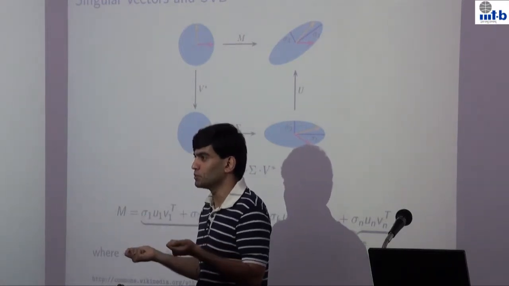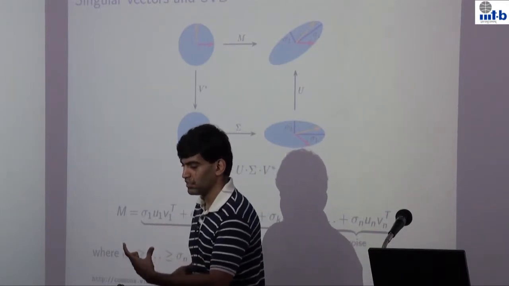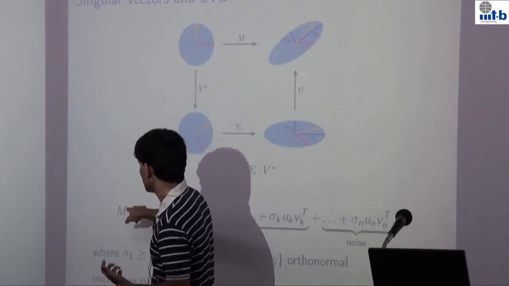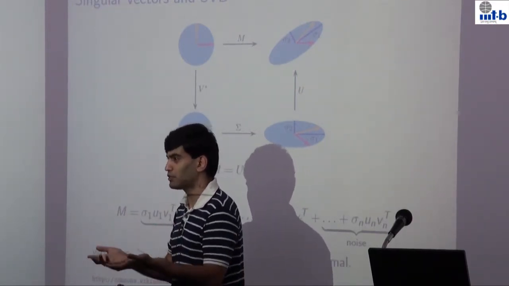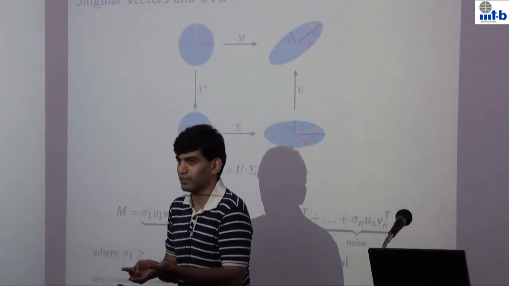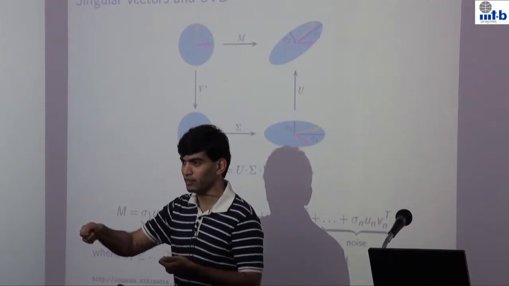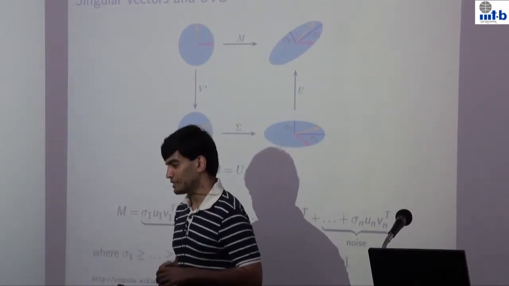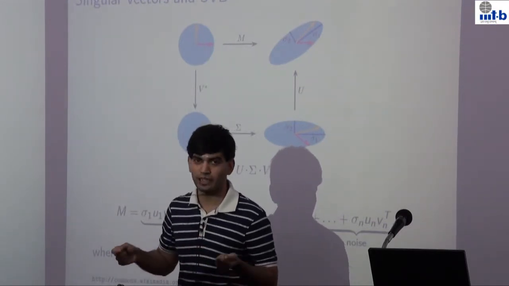Now what does it do? One way to see it is, if you scale this vector, if you have M times 2X, you will get back twice of Y, 2 times Y, right? So if I scale the input, this linear map scales its output. So it's sufficient to look at what it does to vectors of unit length.